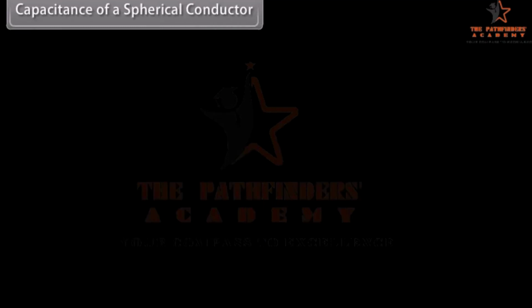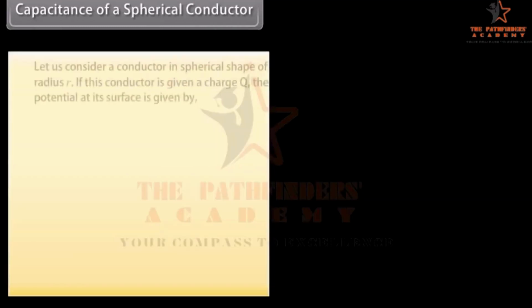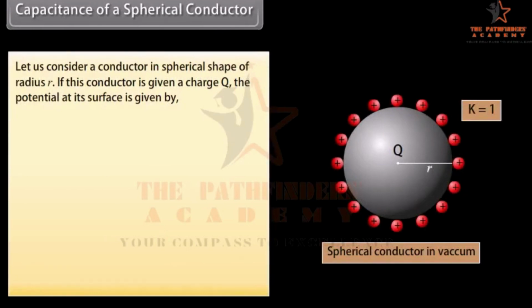Capacitance of a spherical conductor. Let us consider a conductor in spherical shape of radius r. If this conductor is given a charge Q, the potential at its surface is given by V is equal to 1 upon 4 pi epsilon naught multiplied by Q upon r.